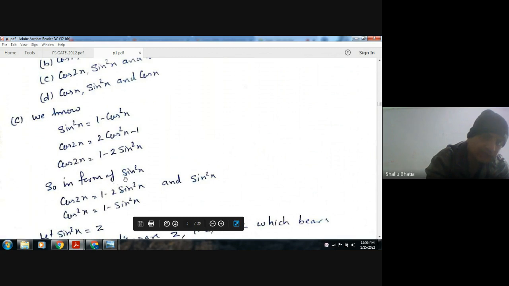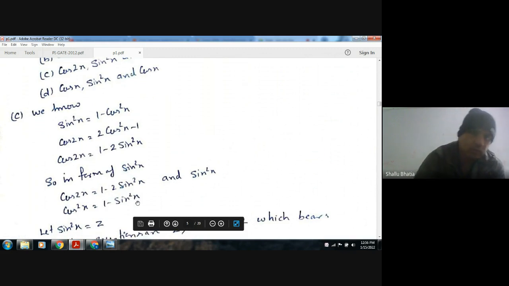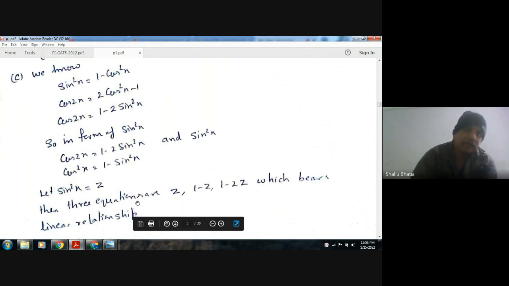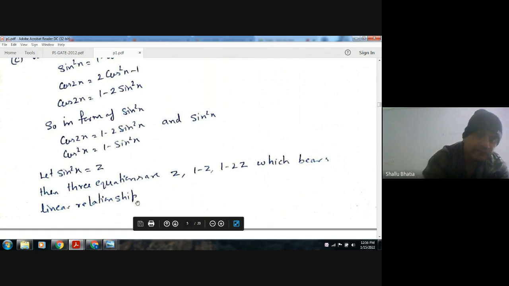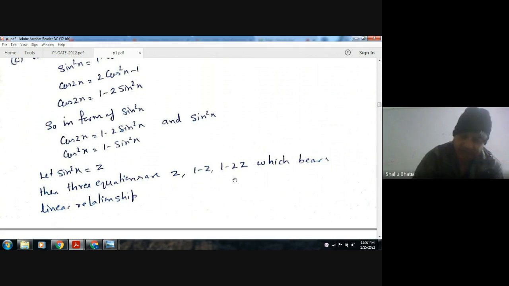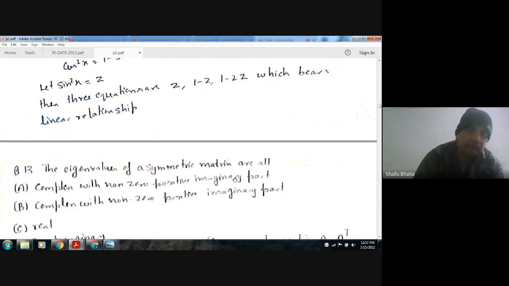Sin square x stays as it is, cos 2x can be written as 1 minus 2 sin square x, and cos square x is 1 minus sin square x. So all other terms can be written in the form of sin square x. If we take sin square x as z, then the first term will be z, the second 1 minus z, and the third 1 minus 2z. So this will be a linear relationship.